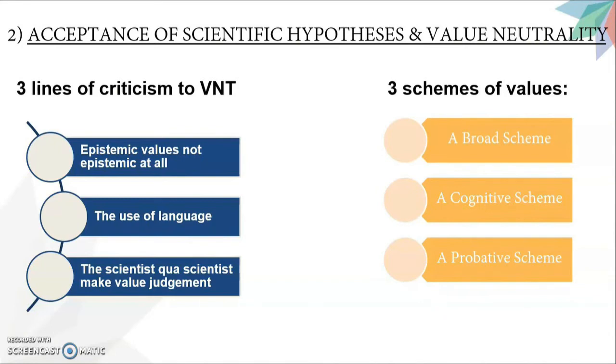Second, a cognitive scheme, which means knowledge a person seeks, especially for their own sake or their own practical consequence. Third, a probative scheme, which means concern with more specific questions a researcher finds worth following.